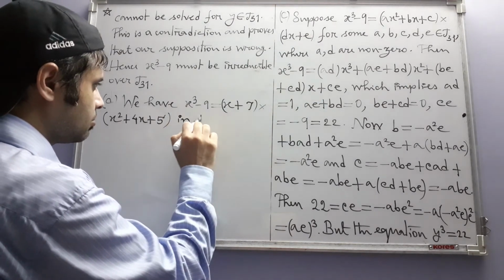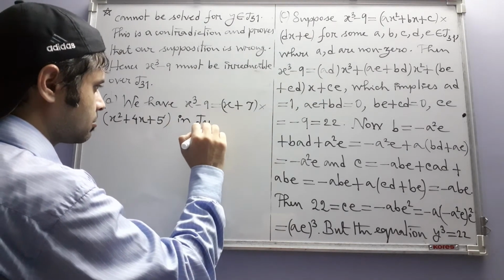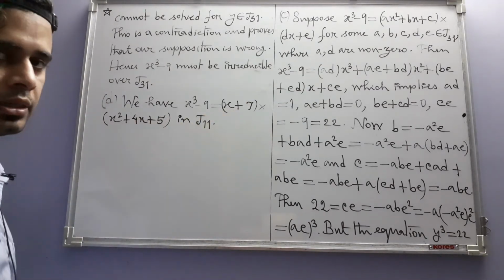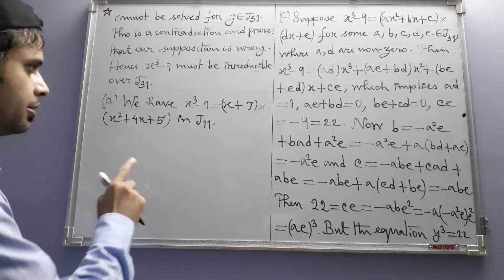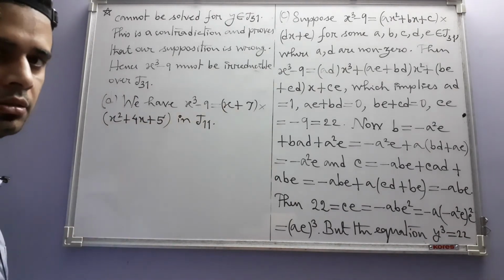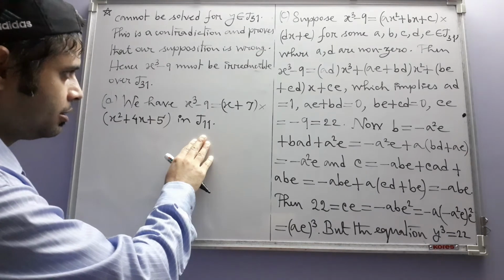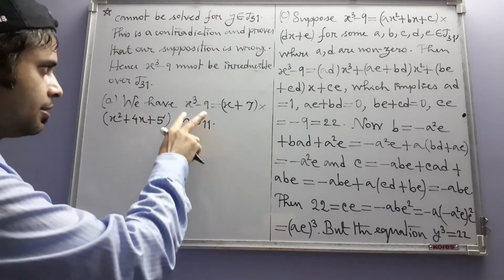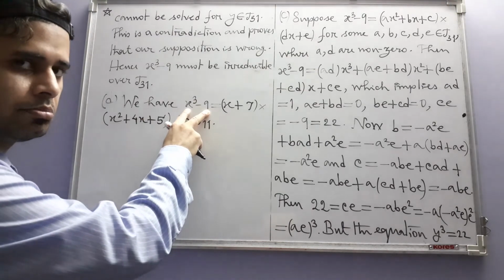in J11. You will multiply the terms out, fine, but keep in mind that these are not integers, these are elements in J11. With that in mind, you should be able to see that the right hand side ultimately becomes equal to x cube minus 9.